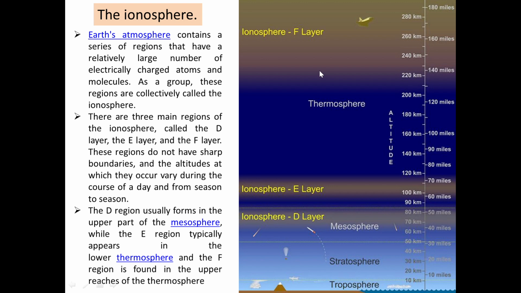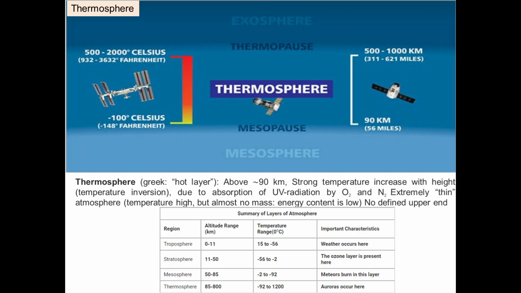Okay, so next we come to the thermosphere. So what is the thermosphere? It is the hot layer because it is present above 90 kilometers from the Earth's surface. Strong temperature increase. What are the peculiar characteristics of this thermosphere?